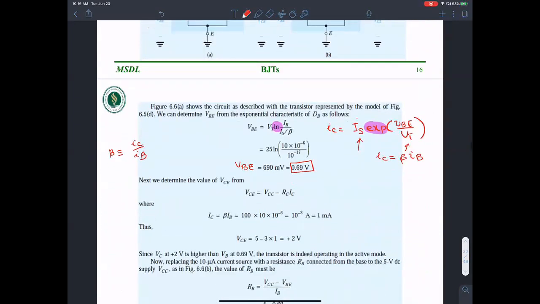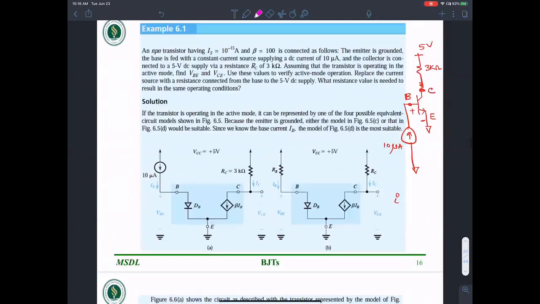Once we have VBE, we determine VCE from this. Look at this, we have the value of IC, that's beta times IB, and we have the value of RC, which was 3 kilo ohms.